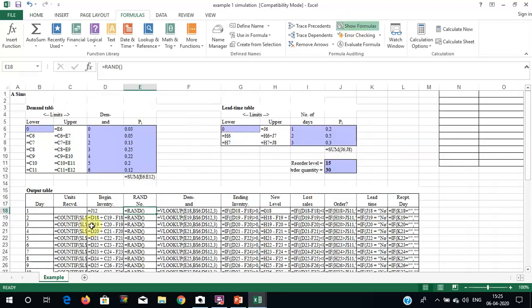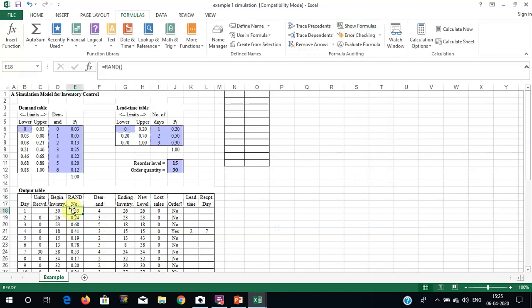In Excel, we have a function called RAND, followed by the close bracket. If you see, when I come here, all the numbers will change. So on day 1, the units received are 0 and the beginning inventory is 30, because you start with a beginning inventory of 30. The random number is 79, that's why it falls here.